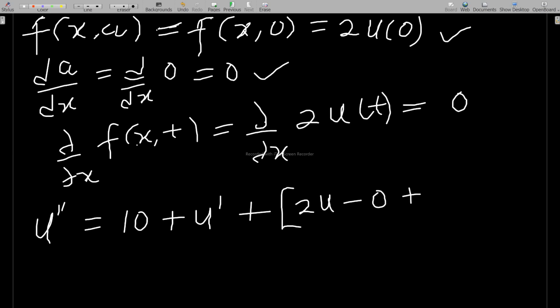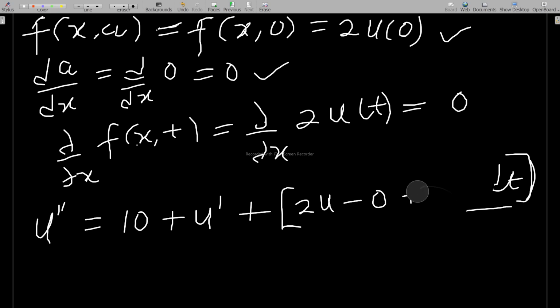Then plus the integral from 0 to x, where a is 0 and b is x, of the partial derivative with respect to x of f(x,t), and that is 0 dt. So in effect, this side will also be 0. A definite integral of 0 is always equal to 0.